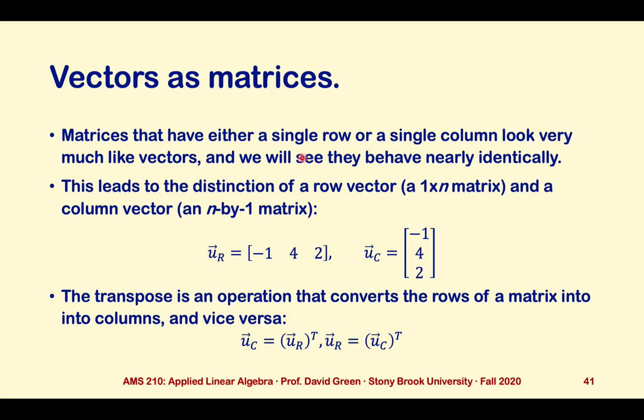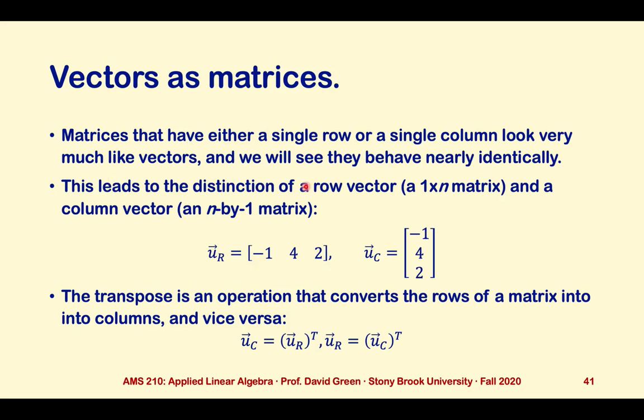And we're going to see that they behave almost identically. That is, anything that you would like to do with a 1 by n row vector or n by 1 column vector, you can do treating them like matrices largely, all right?